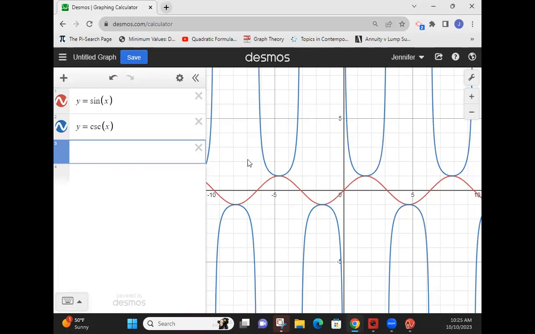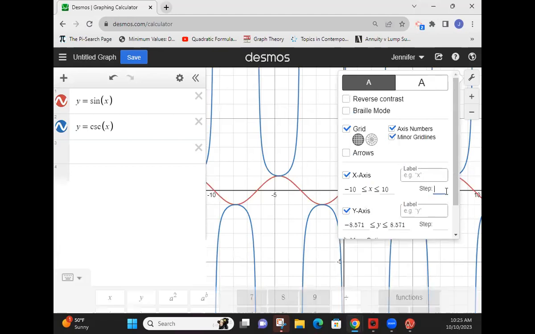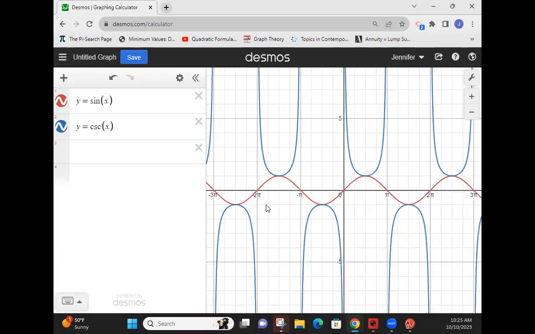What I like about Desmos is we can see the same things, but then if I go to my little wrench here, there is an option somewhere for step. It'll be right here. If I type in pi, it will relabel my x-axis with those pi values.